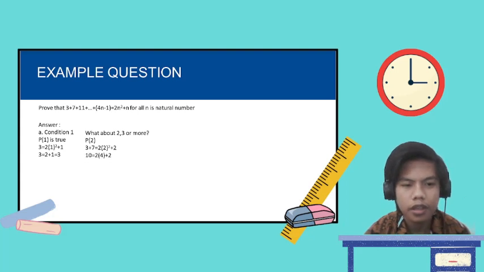So we can solve that: 10 equals 2 times 4 plus 2, and that is 10 equals 10.